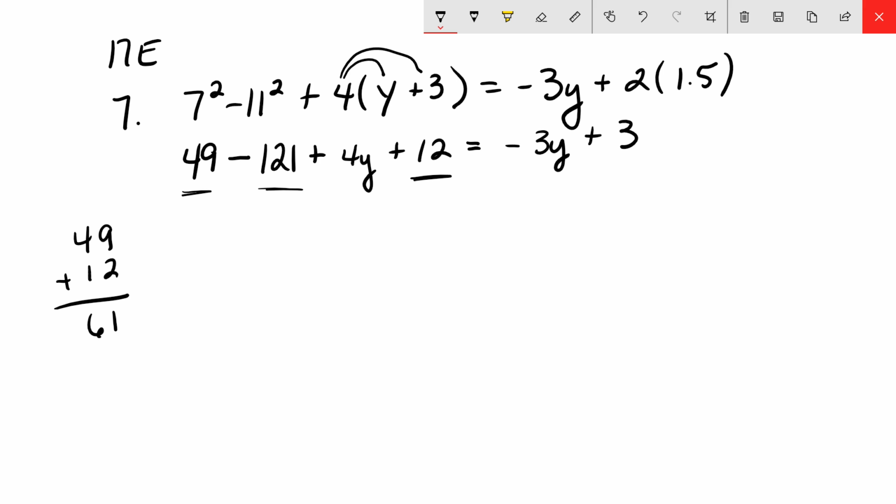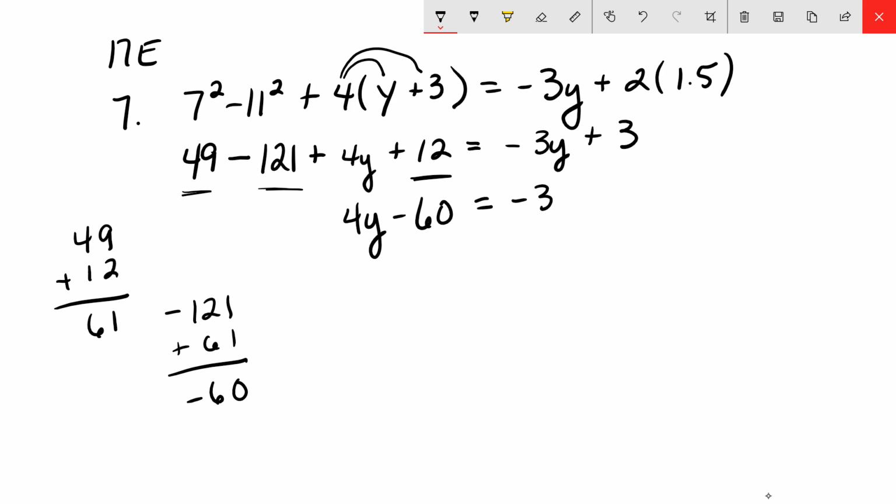Going to give me 61, right? This is a positive 61. I've got this negative 121 and this positive 61. So I'm going to take the difference. 1 minus 1 is 0. The 12 minus 6. So this is going to come up to a negative 60. Okay? So now I have 4y minus 60 equals negative 3y plus 3.